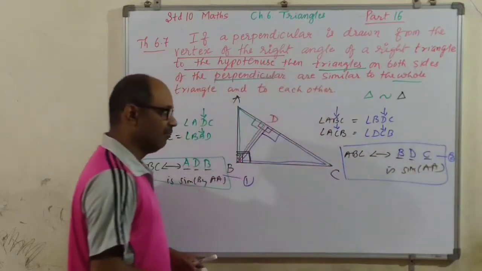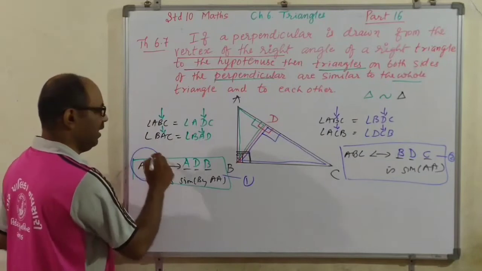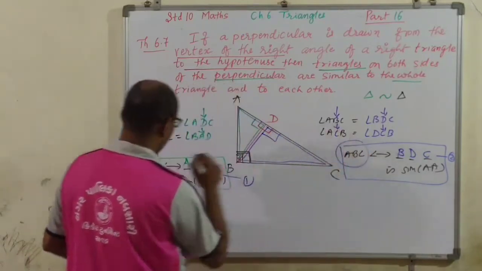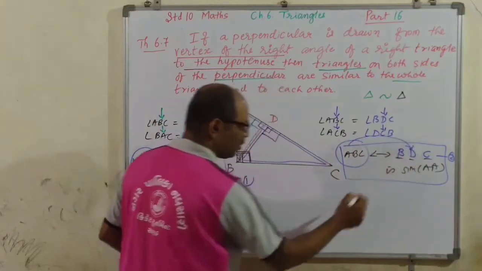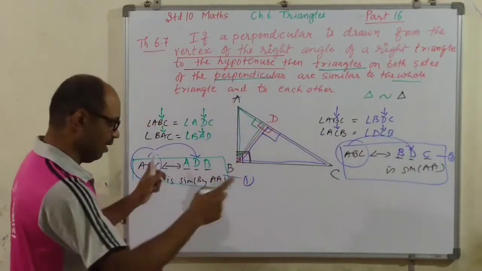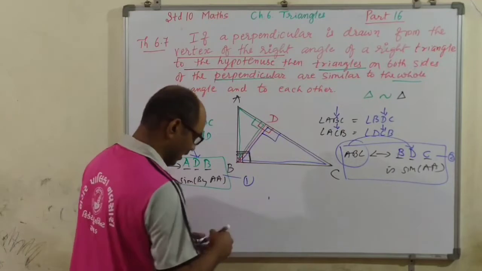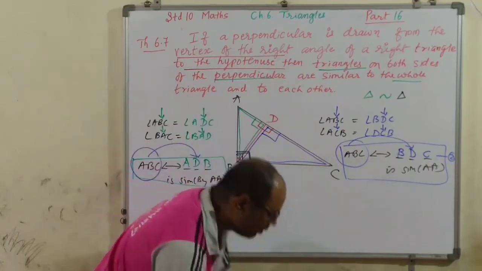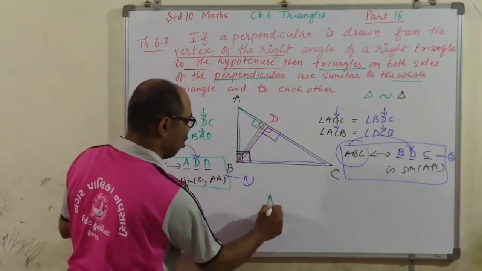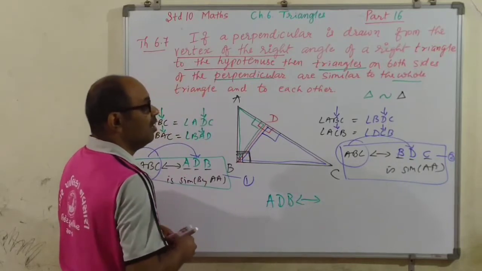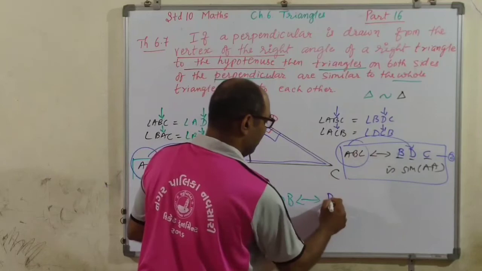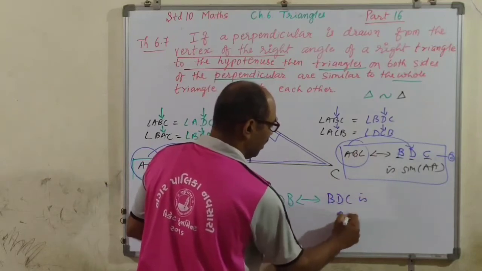Alright. Now you see ABC corresponds to ADB. Same, ABC corresponds to BDC. So by 1 and 2 you can say, in the same order, ADB corresponds to BDC is a similarity.